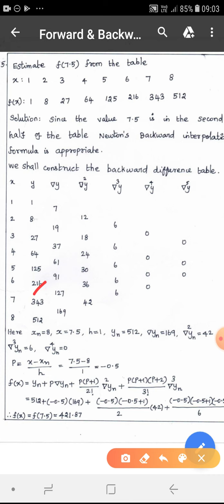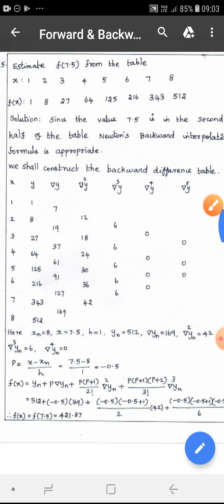216 minus 125, which is 91. Then 343 minus 216, 127. 512 minus 343, which is 169.